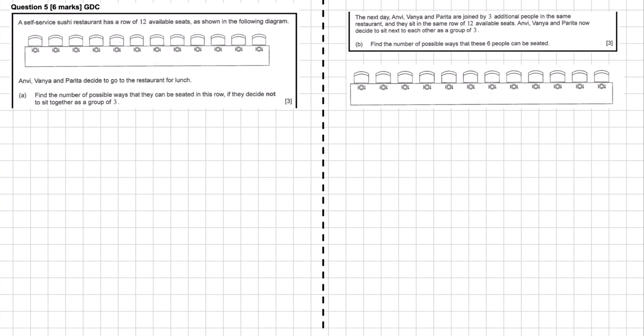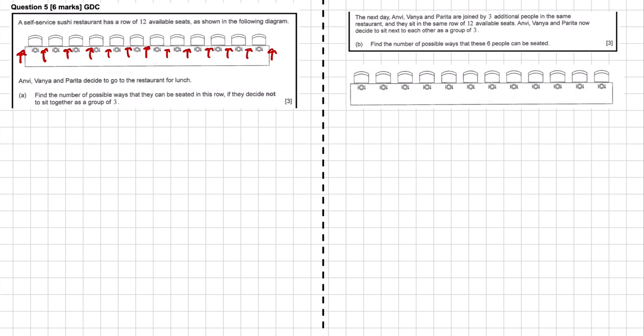Okay, so if we were to think about how we can figure out them not sitting together, what if they all sat separate of each other? Well, we can use that technique of separation, and that would be none of them sitting together. But then you have to think, what about if two of them were sitting together, and one of them was not in that group of two?